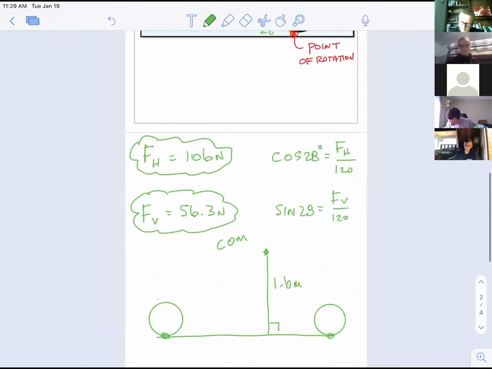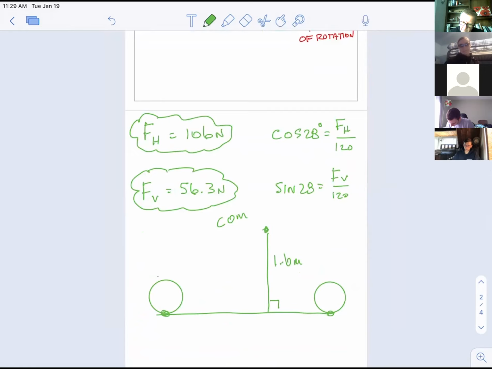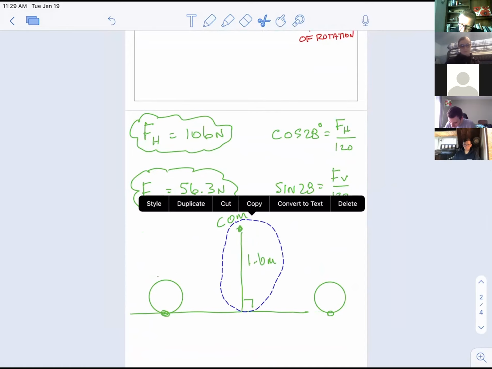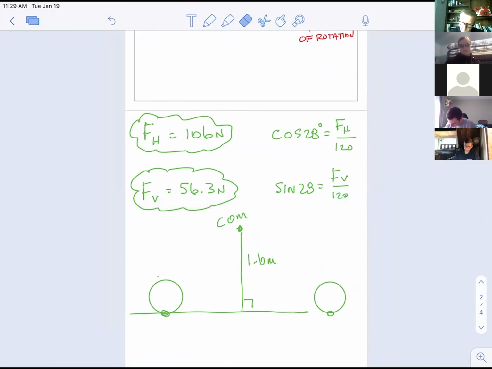Of course, my drawing doesn't look like that, so I'm going to move it. So this is 0.5 meters, this is 0.7 meters.